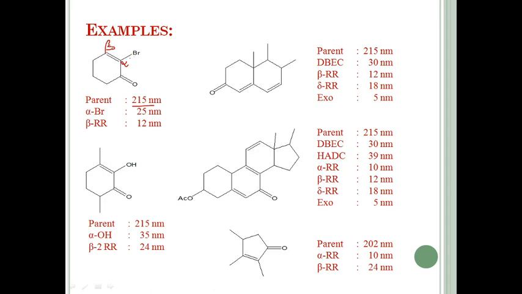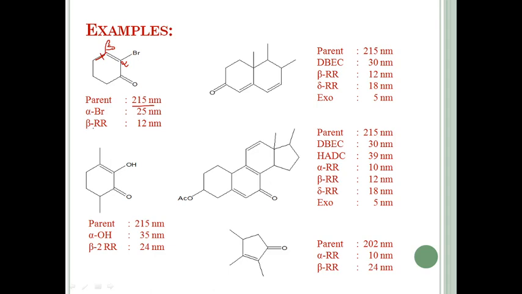At alpha portion you are having bromo substitution, it will bear 25 nanometer, already given in the earlier table. So alpha position by bromo substitution you will have to give 25 nanometer, and for the case of beta, here beta position is having one ring residue, only one ring residue.